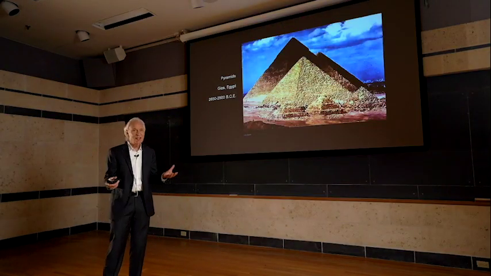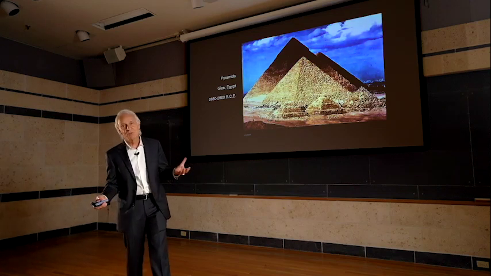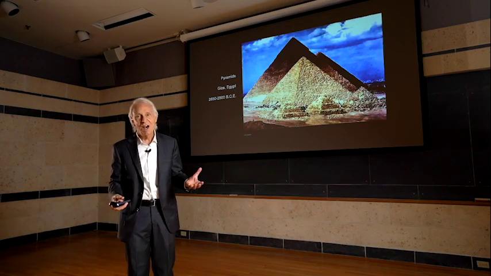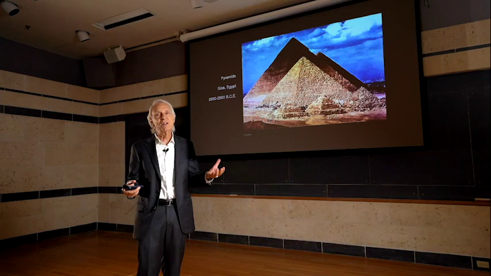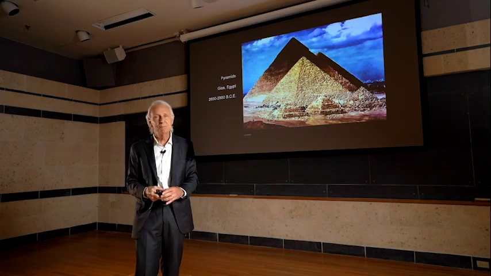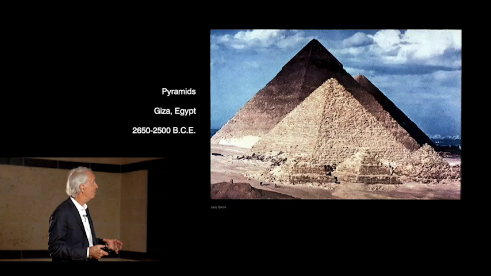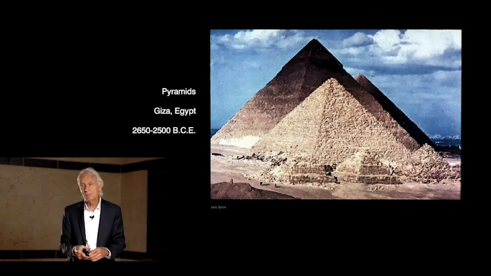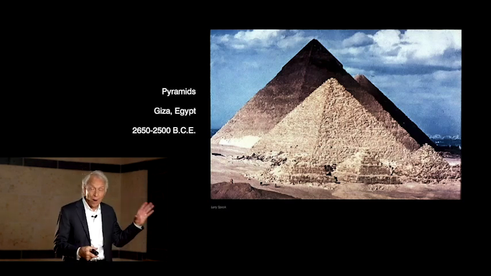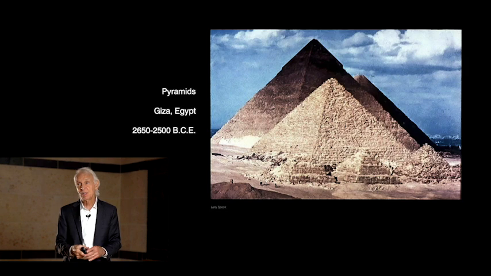Now, this has been used in architecture for eons. In fact, one of the very, very oldest building complexes we know is the Great Pyramids at Giza in Egypt. And even way, way back with the Egyptians, some of these relationships were there.